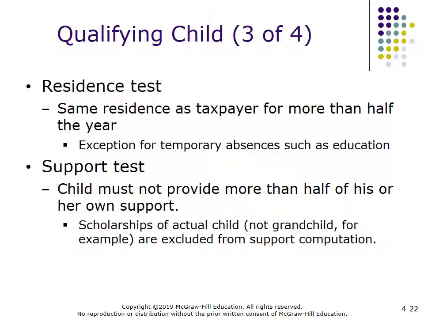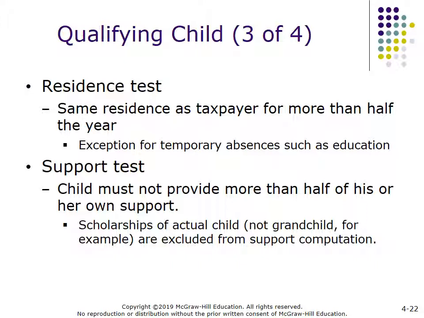So what is? Page 4-13. Food, toiletries, school lunches, clothing, recreation, medical and dental care, child care, allowances and gifts, wedding costs, lodging, education. Okay, these things are all looked at together and we say, did the child pay for more than half of these? If they didn't, then they meet the test.